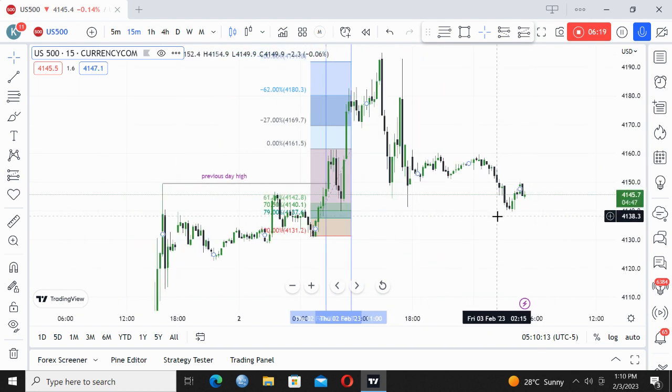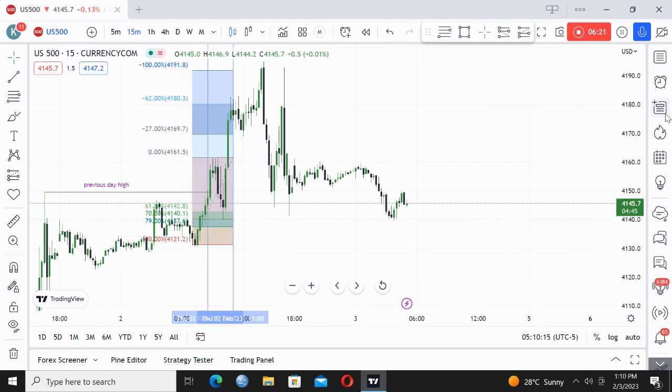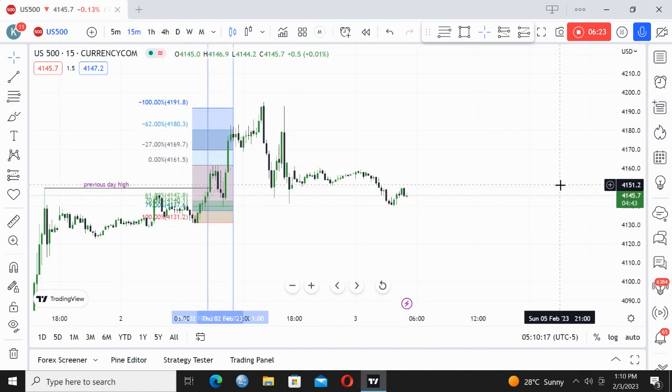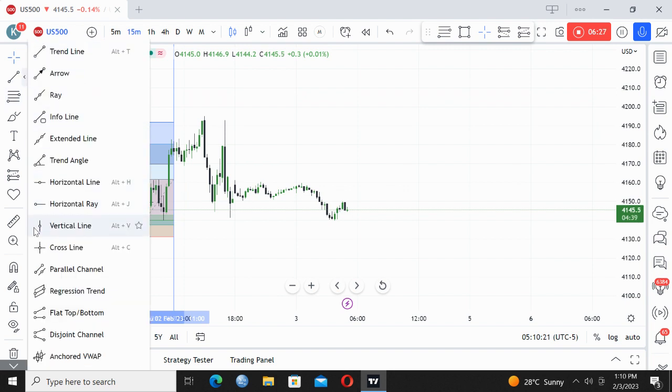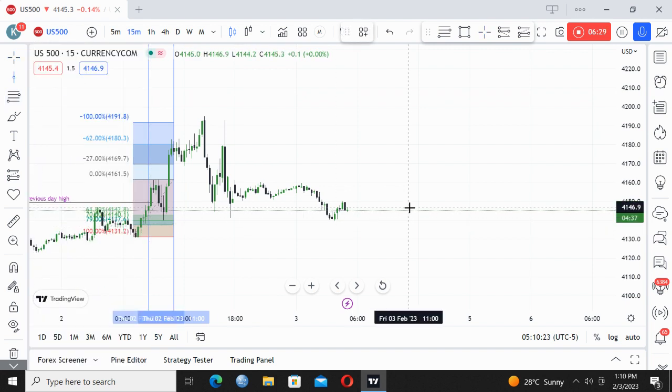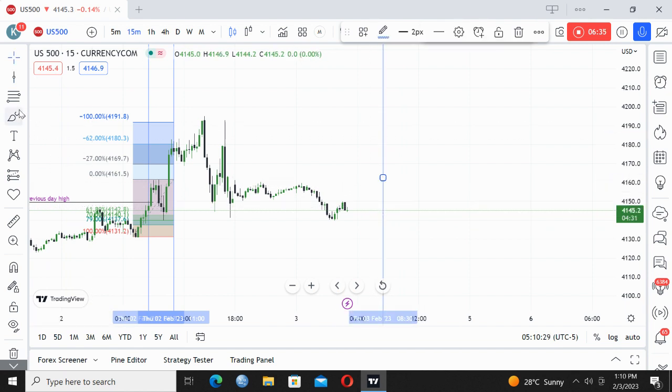Then today we have NFP, non-farm payroll. It will be here during this time, from that time to 11 there.